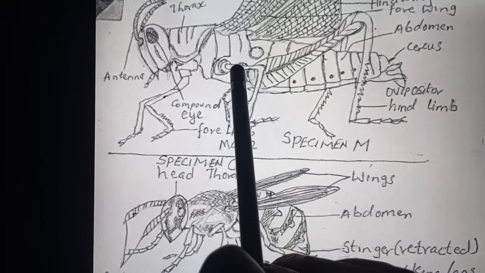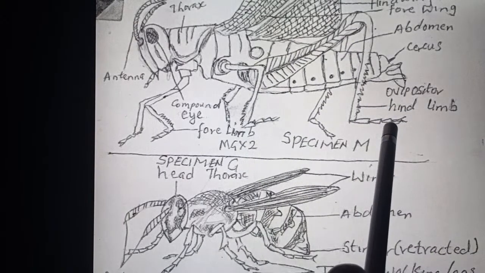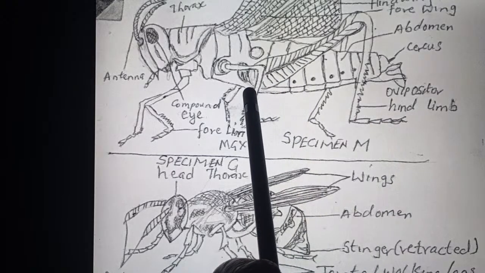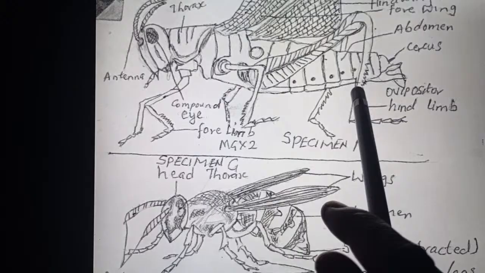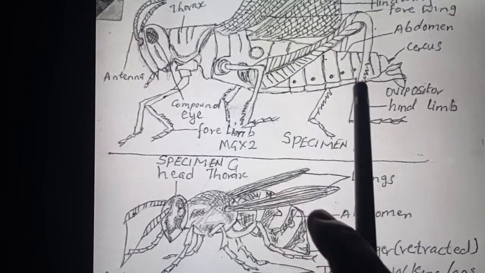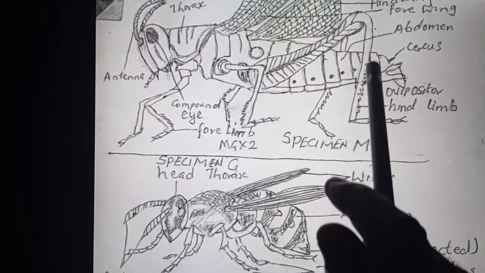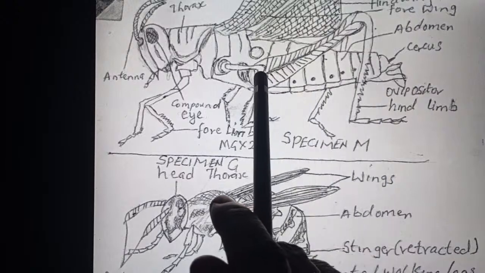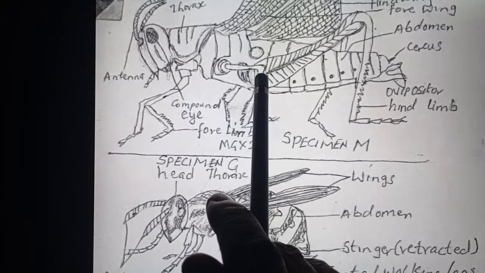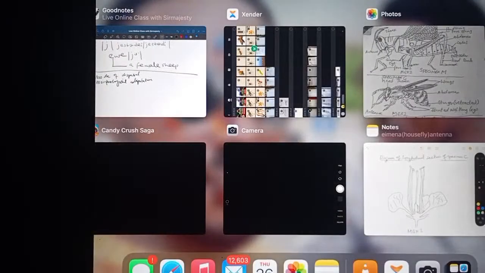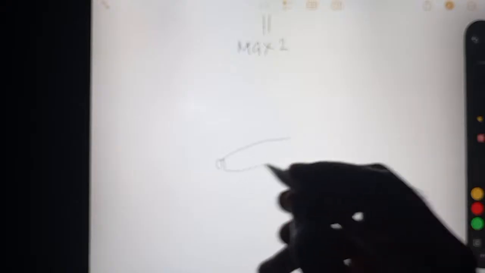If you detach, there is the coxa, the femur, the tibia, and the tarsal. That is, if they ask you, then you label the spines. You see these spines, you show it. They can tell us to detach the hind limb of grasshopper and draw and label. So if they do that, you just need to show the coxa, which comes first. Then there will be this joint, which then extends this way.